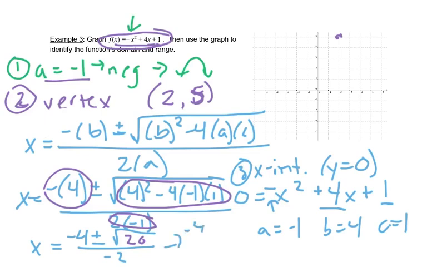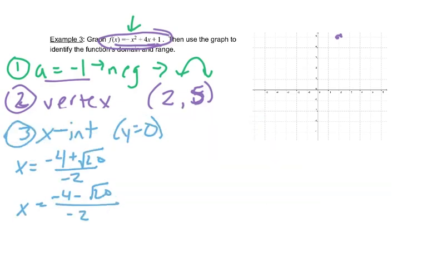This is really negative 4 plus the square root of 20 over negative 2, and negative 4 minus the square root of 20 over negative 2. So let me rewrite that so that we can find those answers in our calculator.